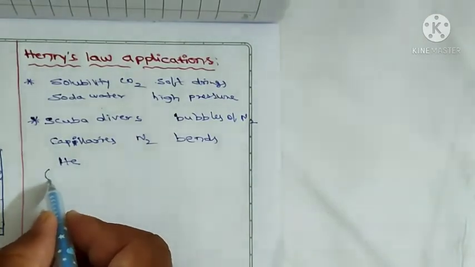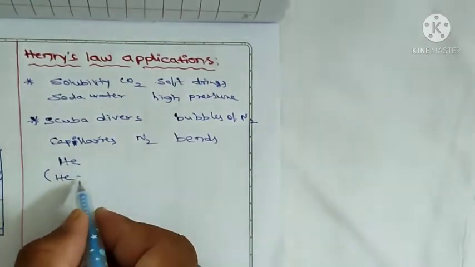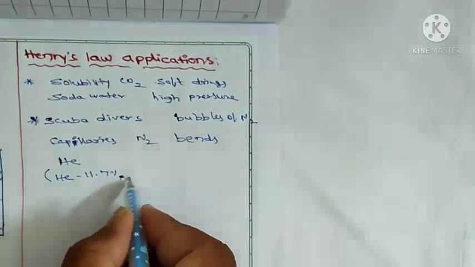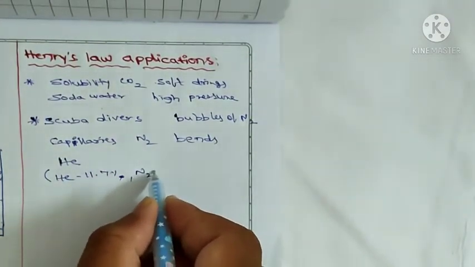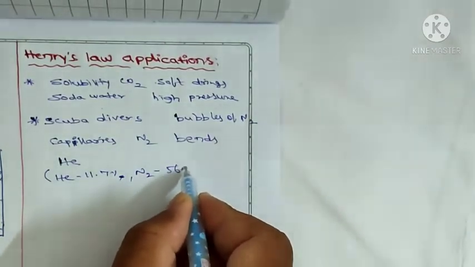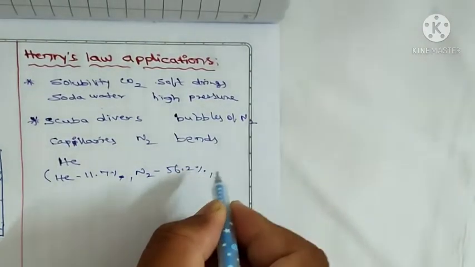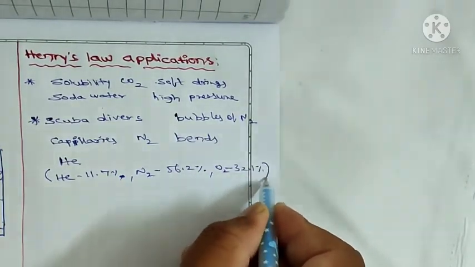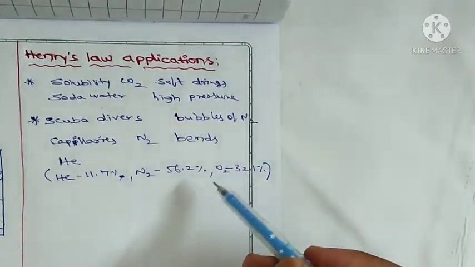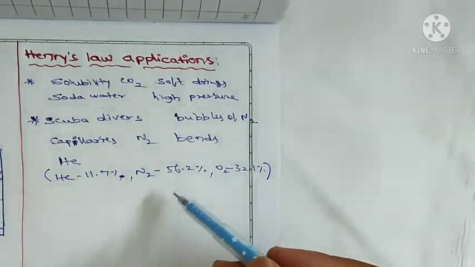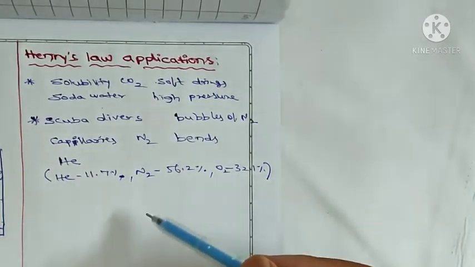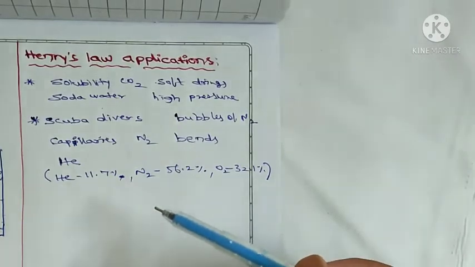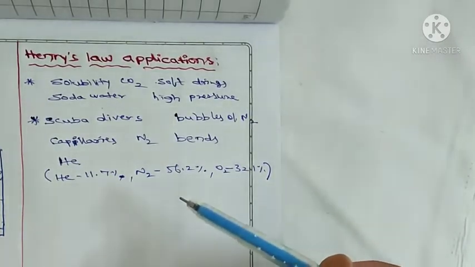So in that tank the helium percentage is 11.7 percent, N2 is 56.2 percent, and O2 is 32.1 percent. So the gas present in the tank is diluted, and due to that dilution, the formation of bends is avoided.